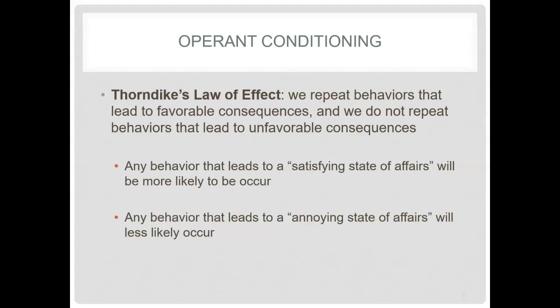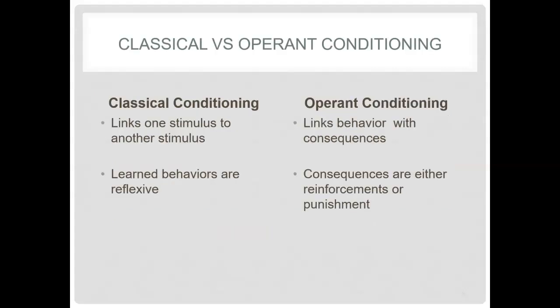So according to Thorndike, any behavior that leads to a, quote, satisfying state of affairs will be more likely to occur. Any behavior that leads to a, quote, annoying state of affairs is less likely to occur. So, with classical conditioning, we're linking stimuli.